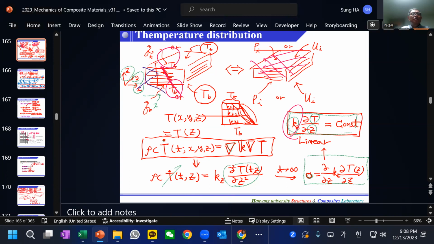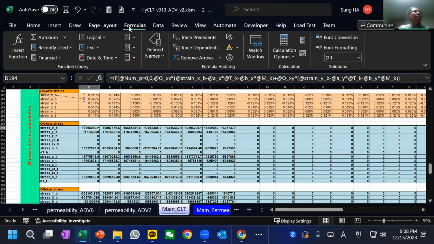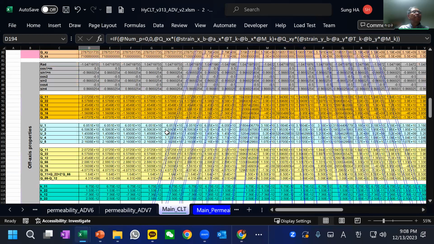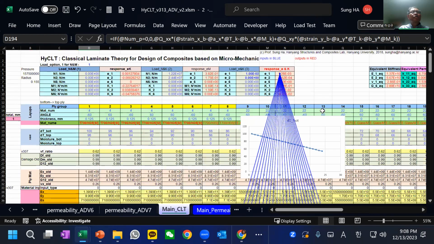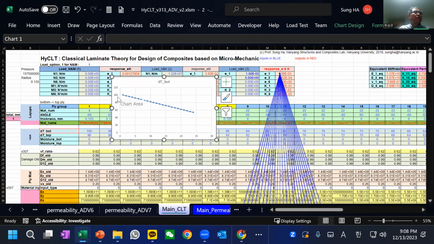So at the bottom you specify 100, at the top you specify 50 degrees, then the middle is automatically linear.